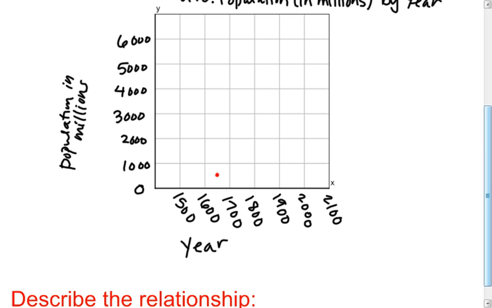And then 1850 and 1000 would be here. 1930 and 2000 would be right about there. 1975 and 4000 would be right about here. And 1998 and 5000 would be right about there. Okay? So that's what my dots should look like, something like that.